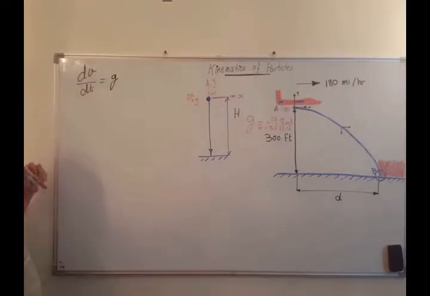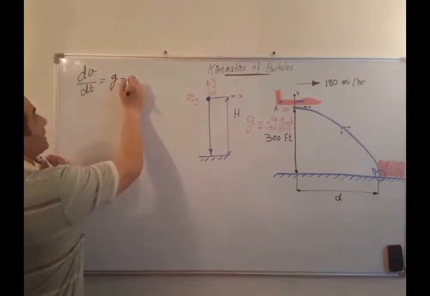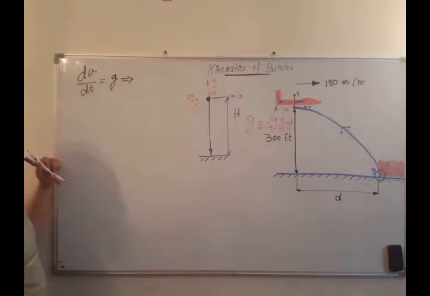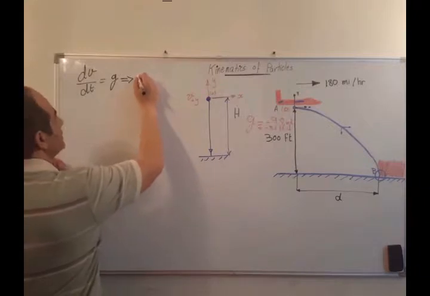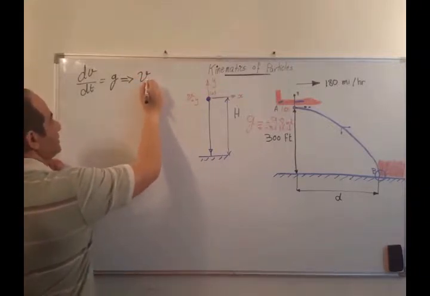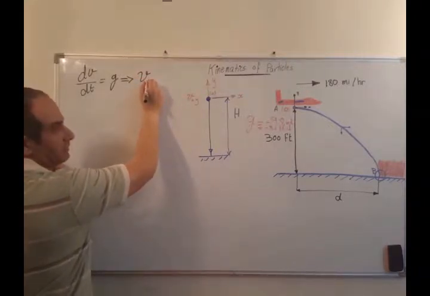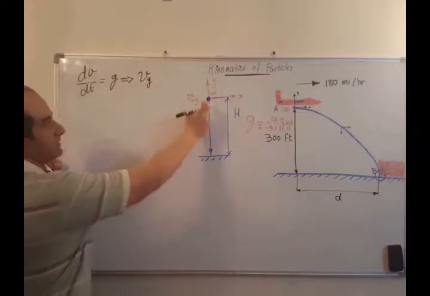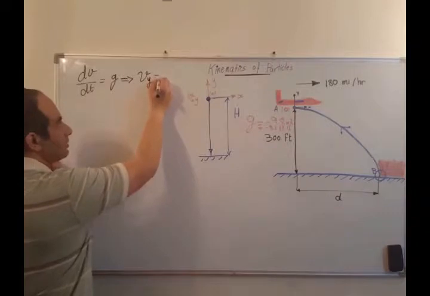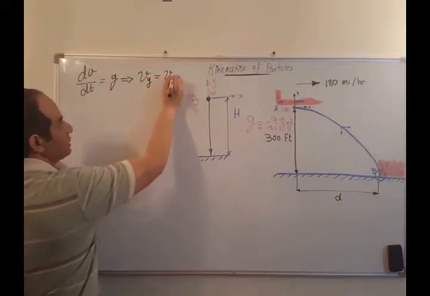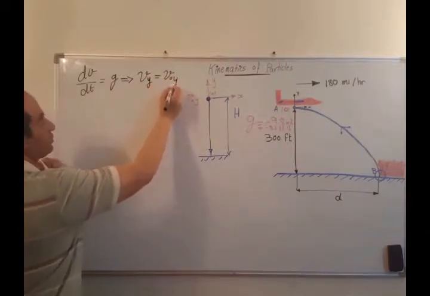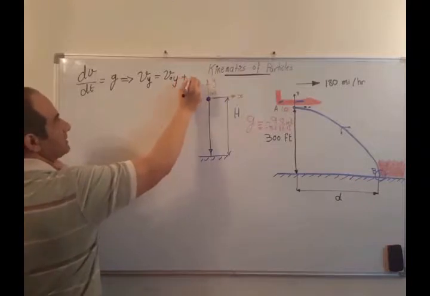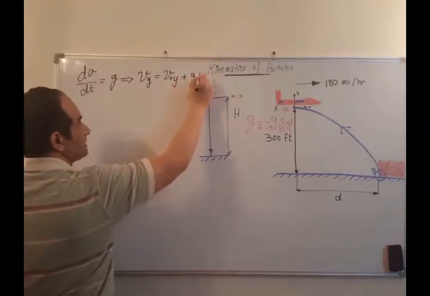Consequently, by integration, we can get the vertical velocity of this particle at any time t equal to the initial vertical velocity v0y plus g times t.